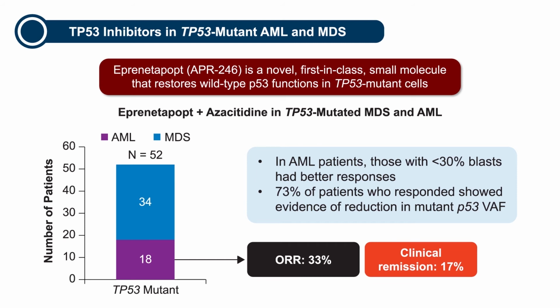It's important to note that in this study, 73% of patients who responded actually showed evidence of reduction in the mutant P53 VAF, reaching less than 5% when they evaluated these patients by next-generation sequencing.